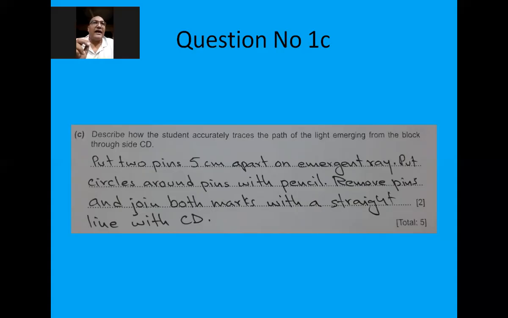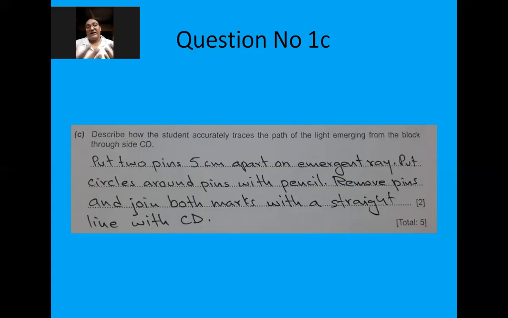Those pins should be 5 centimeters apart. With the help of a pencil, you will mark their location on the paper, and then you will remove those pins. With the help of a scale and a pencil, you will join the marks of those pins with each other and with the face CD. Where they join the face CD, that will be the point F.